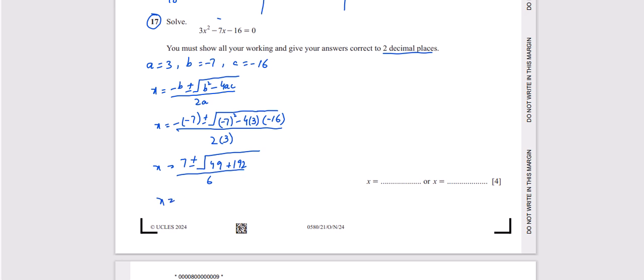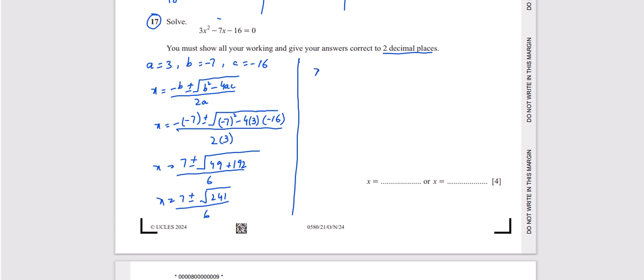So X is equal to minus 7 plus minus sum of these values. We get square root 241 divided with 6.